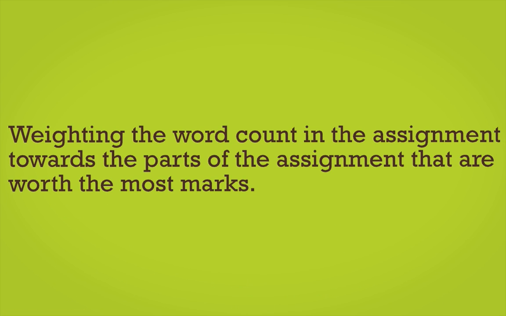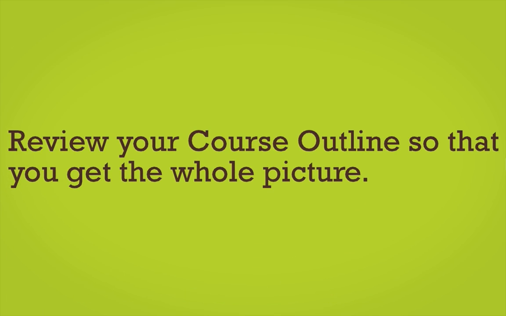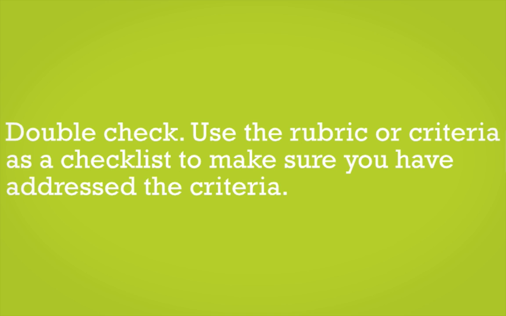Weighting the word count in the assignment towards the parts of the assignment that are worth the most marks. Identifying words in the task that you don't understand and asking questions about these. Reviewing your course outline so that you get the whole picture. Double check, double check. Use the rubric or criteria as a checklist to make sure you have addressed the criteria.